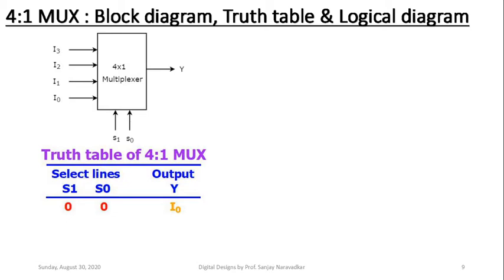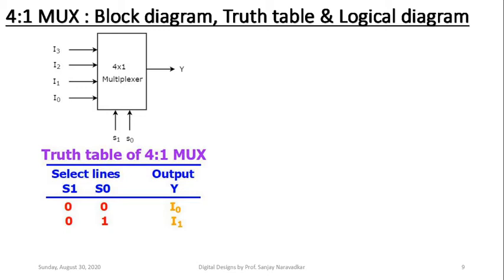Now the next entry from that truth table will be 0 1. S1 is 0 and S0 is equal to 1. In that case, I1 will be selected here and the logic on I1 will be steered to the final output Y here. So Y is equal to I1, which you can observe in the last column of this particular truth table.